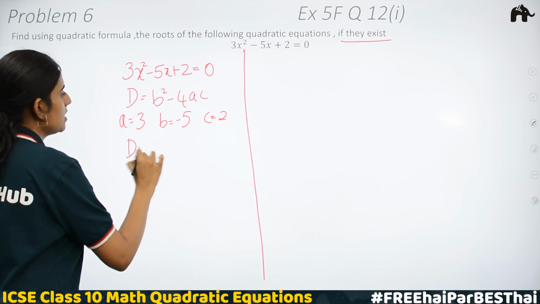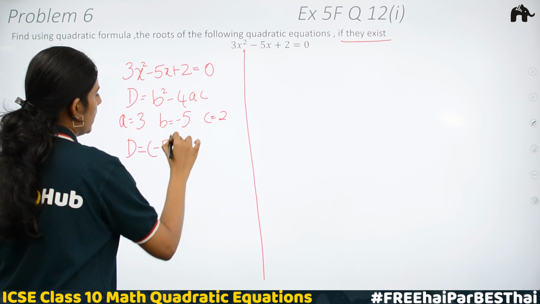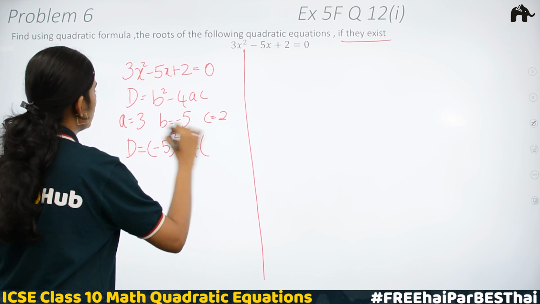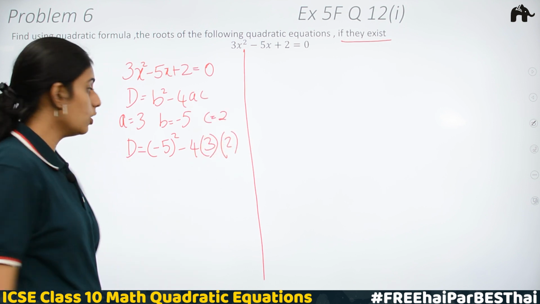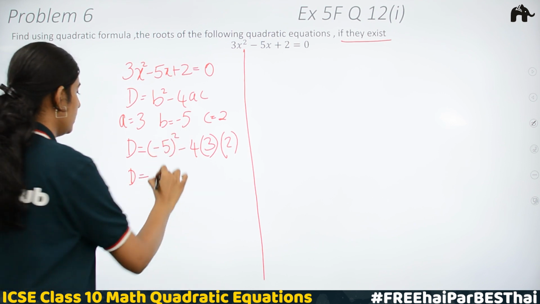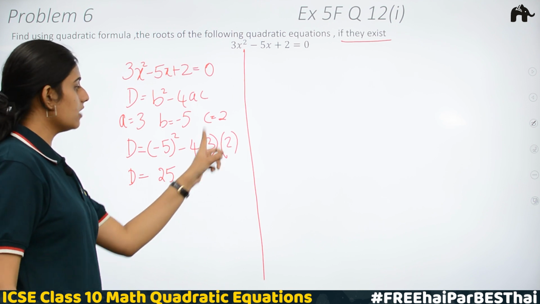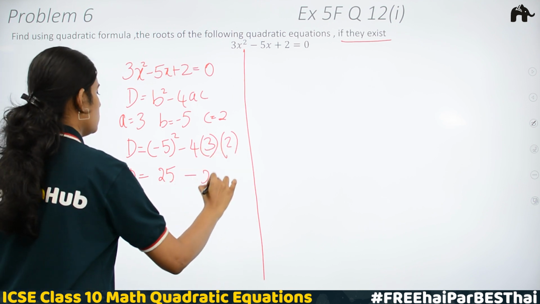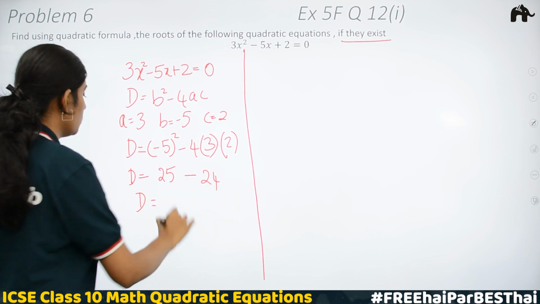The discriminant equals (−5)² − 4 into 3 into 2. (−5)² is 25, minus 4 into 3, 12, 12 into 2, 24. Then the discriminant is 25 − 24, which is equal to 1.